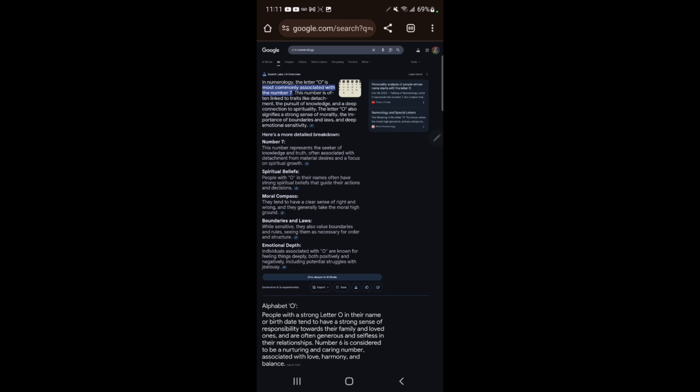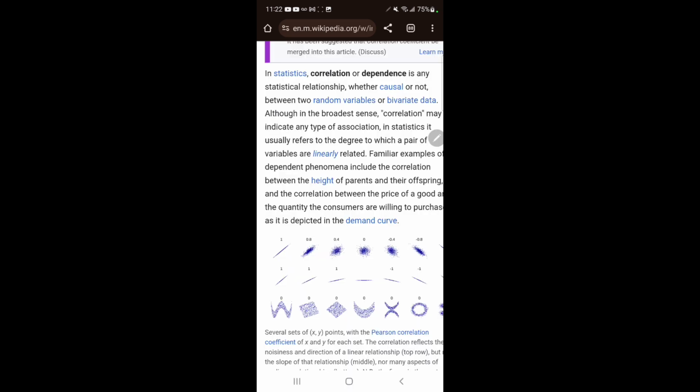They tend to be very clear sensed and have a very clear separation of right and wrong. They're emotionally deep. O and 7. Also oxygen.